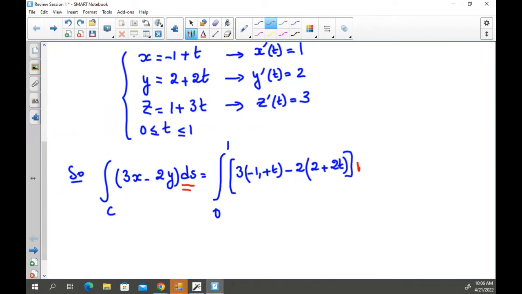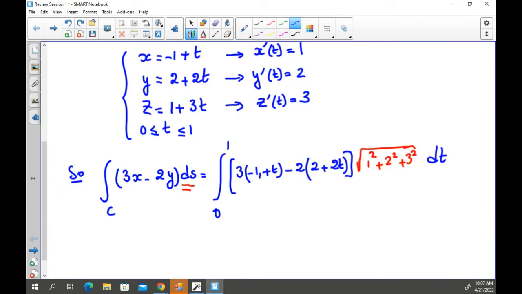It's the big square root of 1 squared plus 2 squared plus 3 squared, dt, and then we integrate this with respect to t.